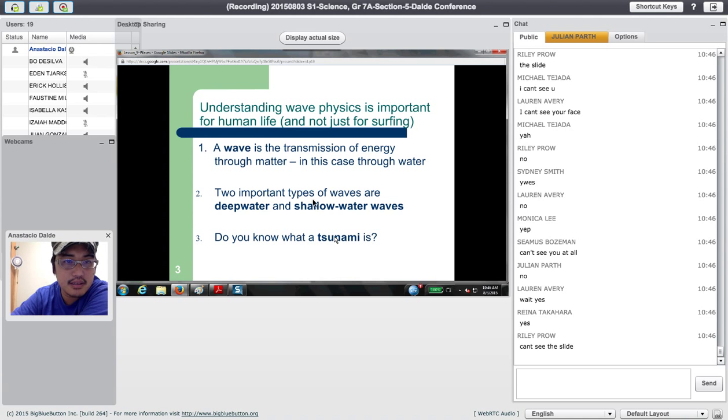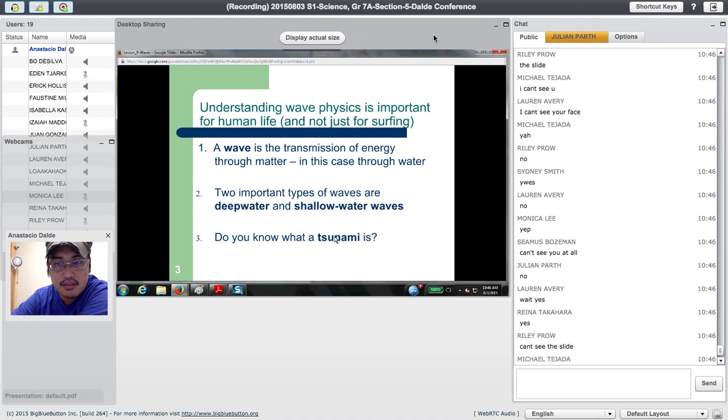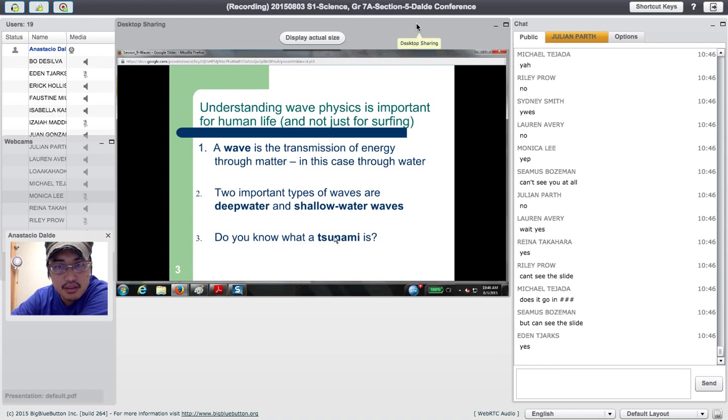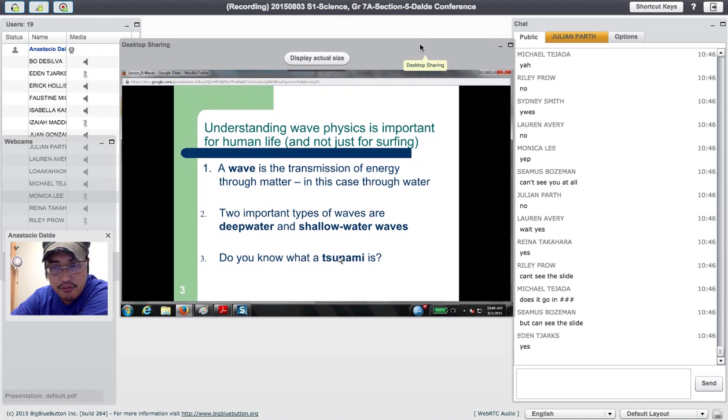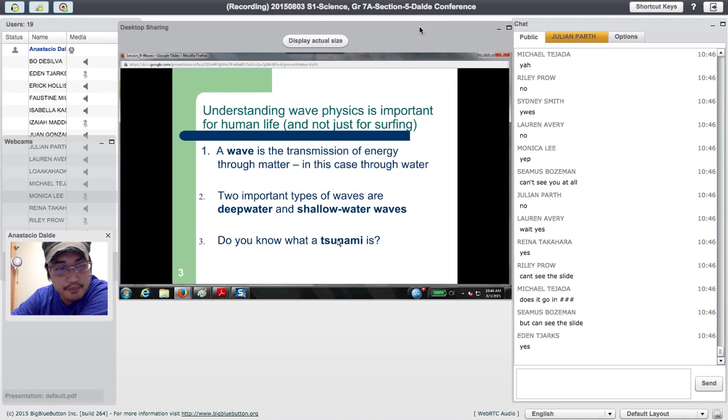Can't see the slide. On your big blue button window is a bunch of small windows, and that window will show you the slide, or a window called desktop sharing. Try finding that one. If not, what you have to do is log out and log back in.